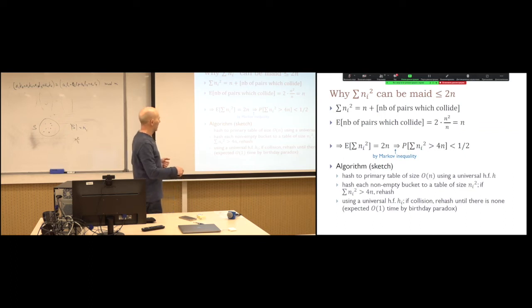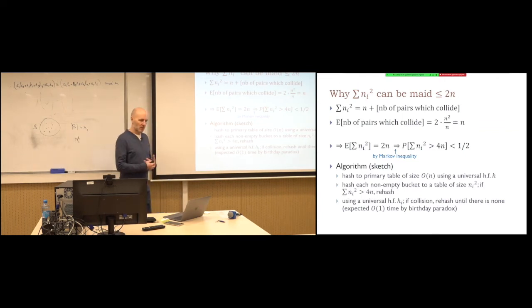Once they are distributed uniformly enough, we construct the second level hash tables, and here again we may need several trials, and overall, in a constant number of trials in expectation, we will reach the desired situation. Break. Okay, so let me conclude with perfect hashing.